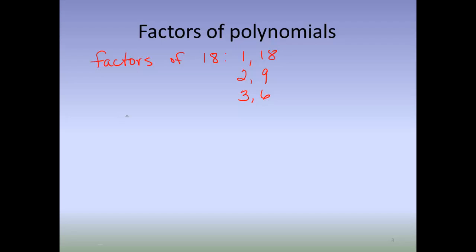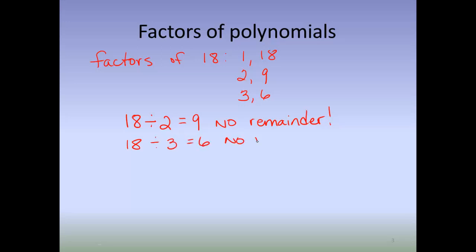But they also have another interesting characteristic. If I take 18 divided by any of those factors, so 18 divided by 2 is 9, but the important part is that there is no remainder when I divide them. 18 divided by 3, it's 6 with no remainder.